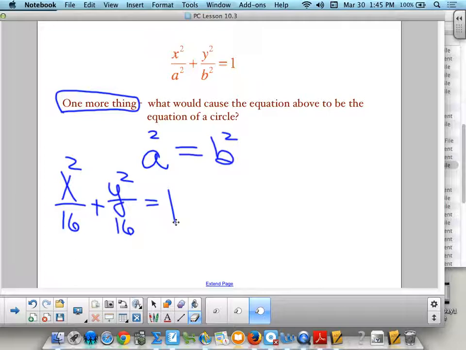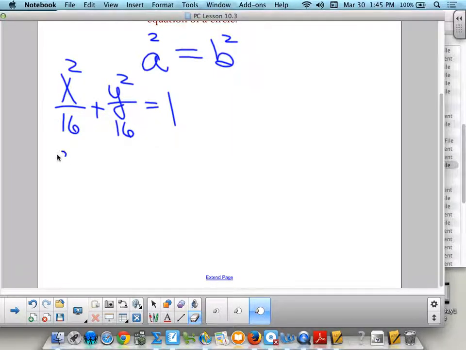So if I had x squared over 16 plus y squared over 16, which one's the major axis? Can you tell? No, they're exactly the same. Well, that would tell me the A value here would be 4, and the B value would be what? 4.